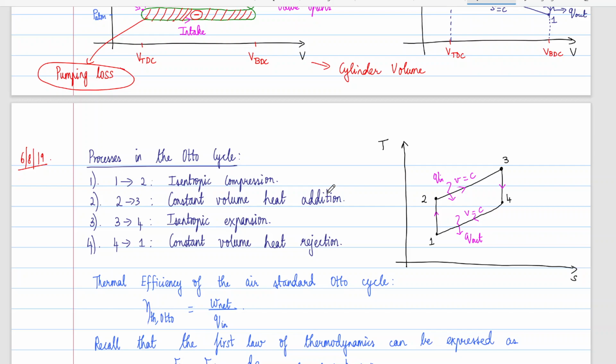A scooter does not have a lever to give clutch input.